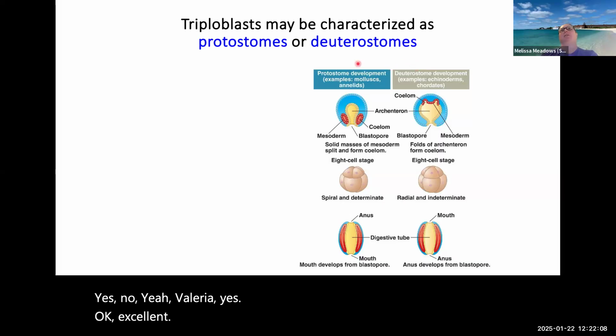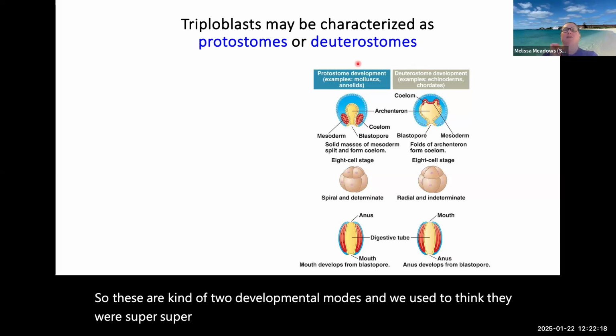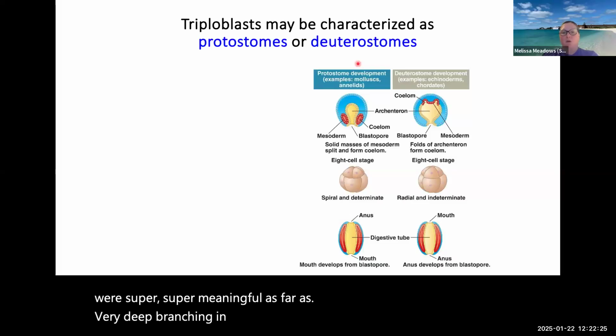So these are kind of two developmental modes. And we used to think they were super, super meaningful as far as very deep branching in the animal family tree and animal phylogeny.